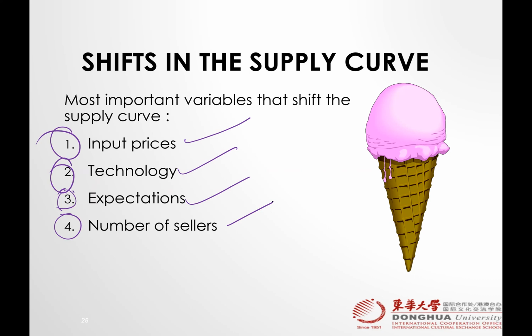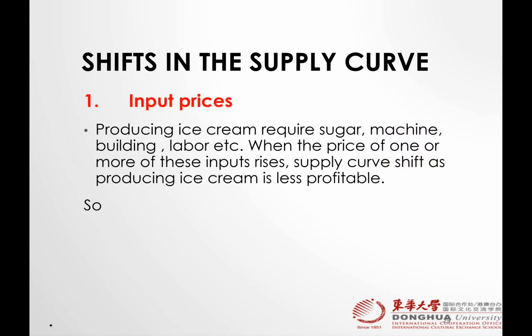In case of demand, we had 5 variables, but here in case of the supply curve, we have 4 variables that cause a shift in the supply curve. So input prices, you can also call that price of raw material. So let's talk about this. Input prices.